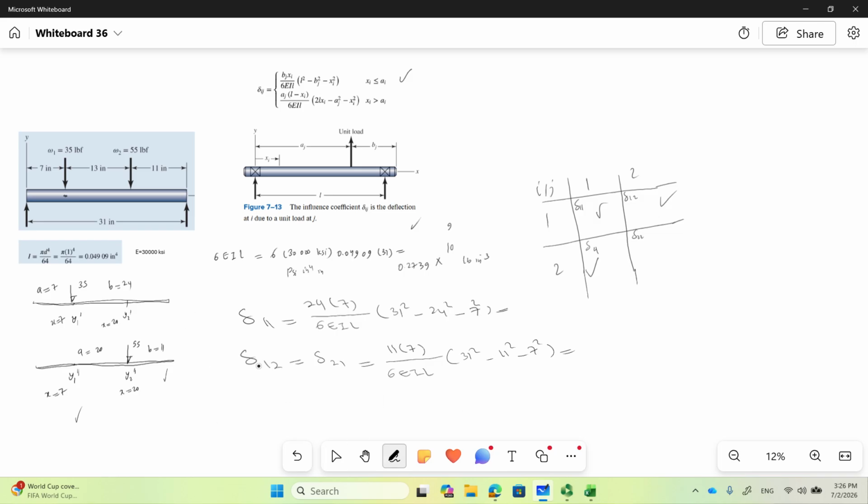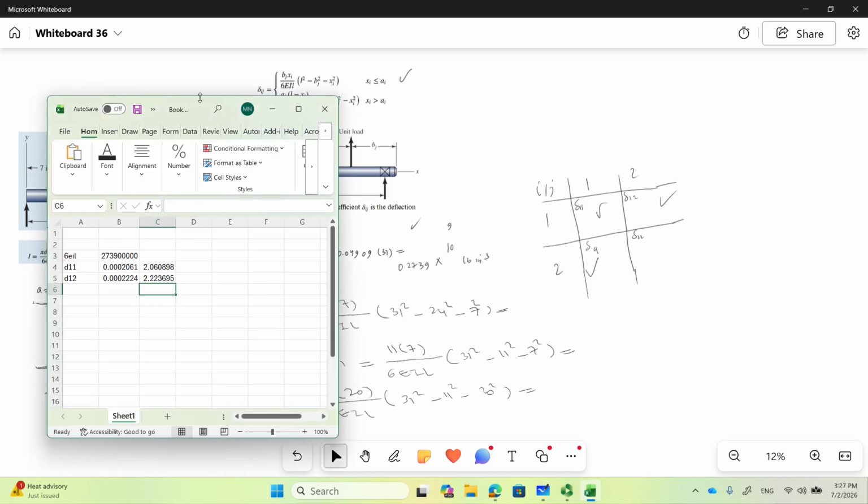Last thing I need to find is delta 2,2. So delta 2,2 is the deformation at point 2 when the load is applied at point 2. So for that, the first case is again applicable, but B is this time 11. What is my X? For that, X is 20. So divided by 6EIL. And then what is my L? 31 squared minus B, which is 11 squared, and then minus X, for that point 20 squared. So delta 2,2 is going to be, let's find it.